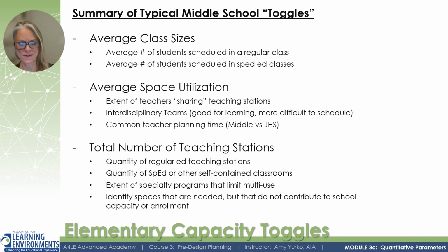Would you propose, similar to the elementary, self-contained classrooms, or would SPED students be accommodated in the general population along with their peers, or a combination of the two? Could you combine the middle school with the elementary students? Again, it's going to be answered by how you decide to accommodate your vision. Does your client's vision suggest separate spaces for specials?